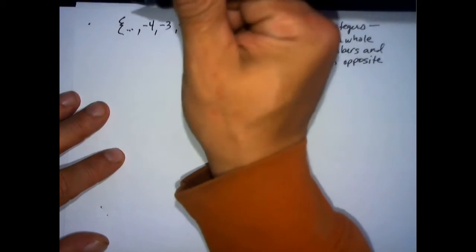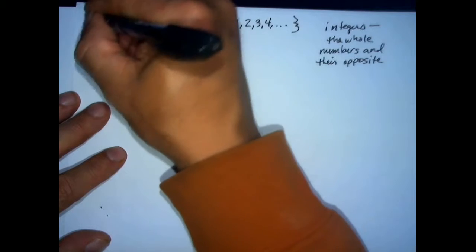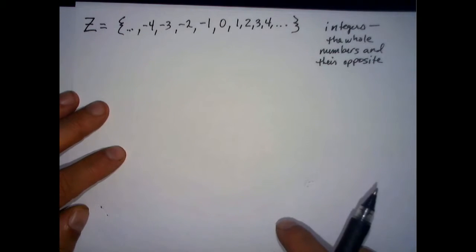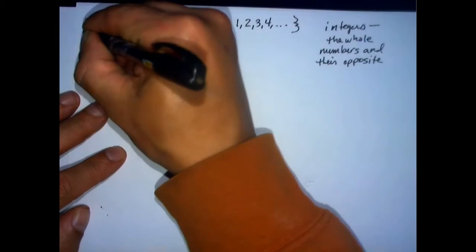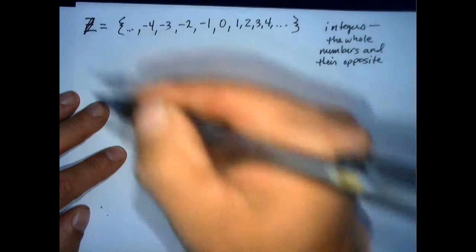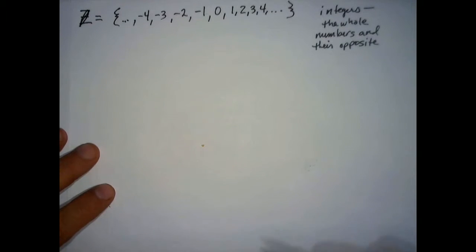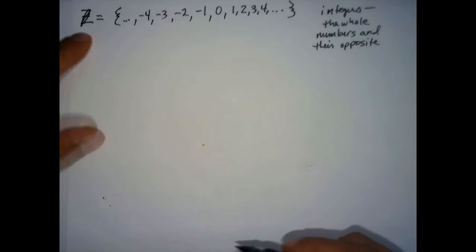The symbol for this is not I. It is after the German letter for integer, Z. Don't ask me what the word is, because I don't speak German, but I just know that integers is Z. It's a script Z. You might speak some German. Sprechen Sie Deutsch. I don't sprechen Sie Deutsch. Okay. Just know Z is the integers.